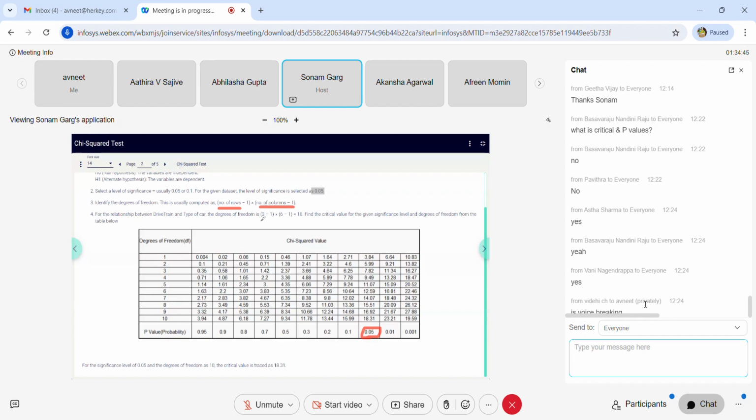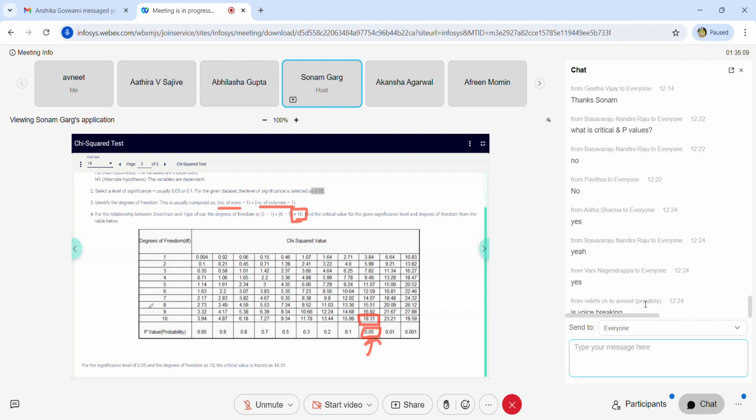That gives you (3 minus 1) into (6 minus 1), that is 10. So here we are considering degrees of freedom as well to get this critical value. If you have chosen this significance level and the degrees of freedom is 10, your critical point becomes 18.31.